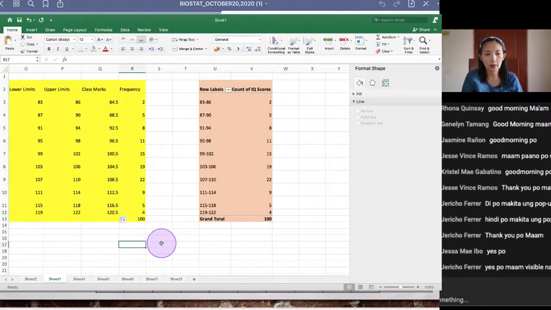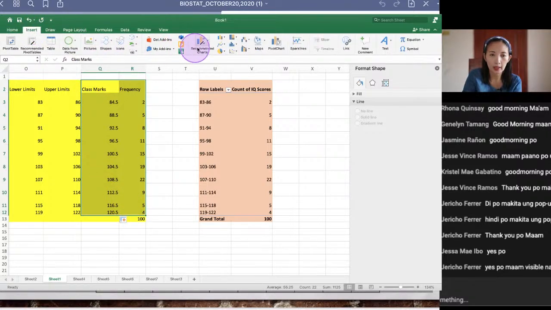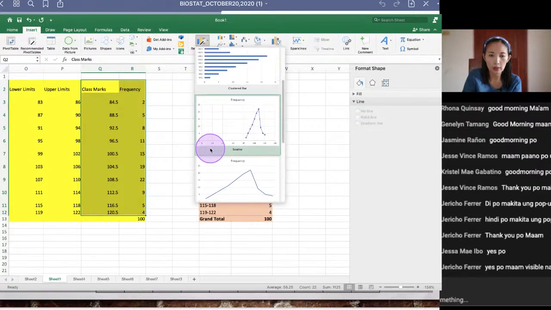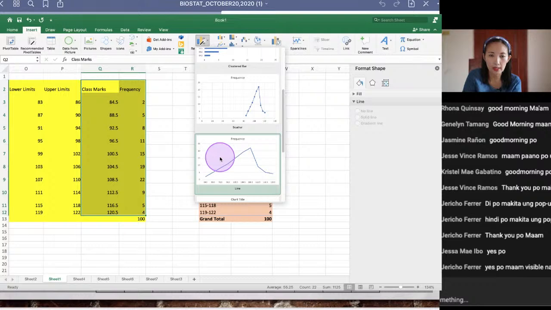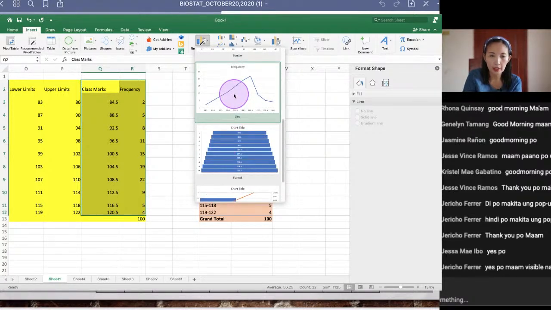So how to prepare a frequency polygon? You simply highlight the class marks and the frequency, and then go to Insert, again Recommended Chart. Choose the frequency one.